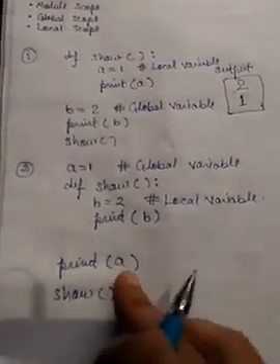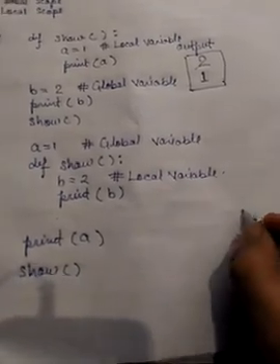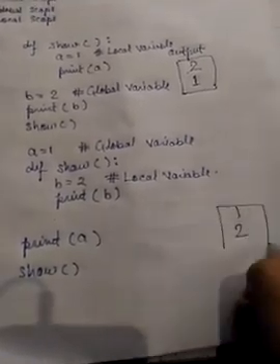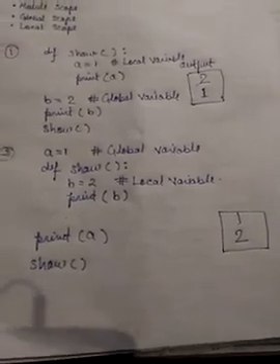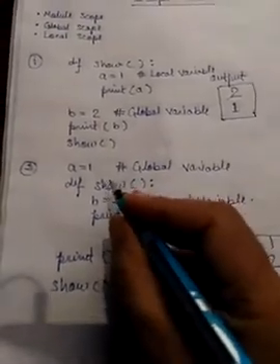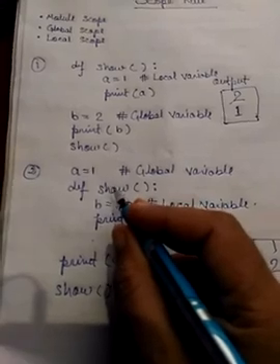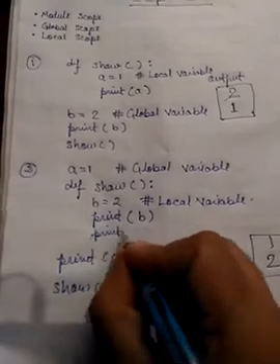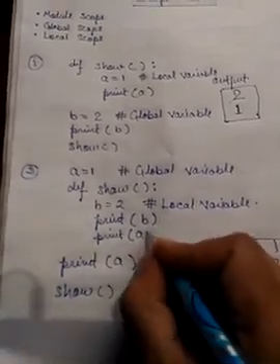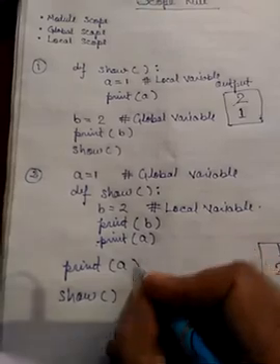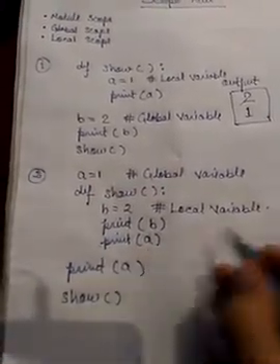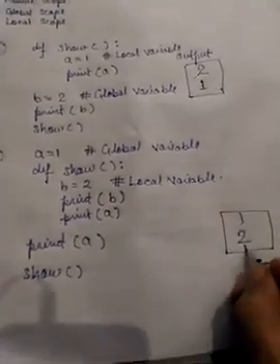Again the output will be: print A, it will give 1; show, it moves here, print B, it will give 2. This is the output. Global variables are those variables which are accessible in all the functions. Means in the function also you can write print A. If you write it, then show, it will move here, B, it will give output 2, print A, again it will give you the output 1.